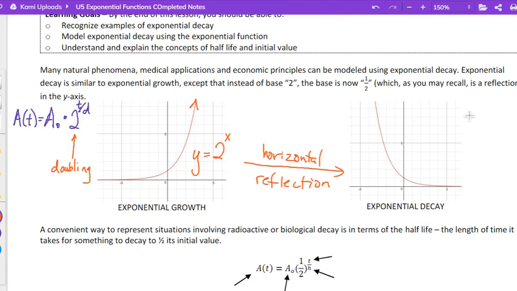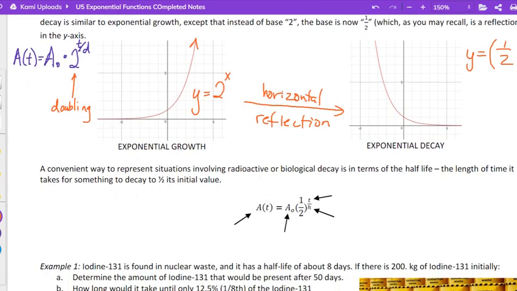So what will be the base of this graph? It's symmetrical, but it's reciprocal, right? The base is a reciprocal, but the graph itself is symmetrical. Like if you were to fold it on top of itself, it would be increasing and decreasing at the same rate. So when we look at exponential decay, it's modeled similarly.